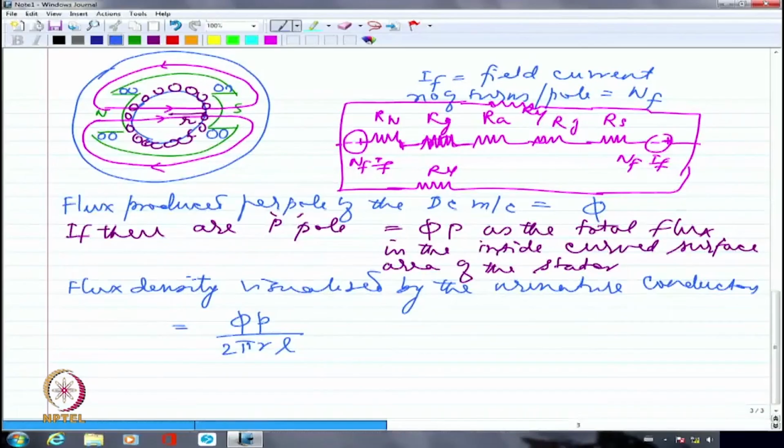So phi p divided by 2 pi RL is approximately the flux density B. So I have B with me. Now I have to look at the calculation of BLV.